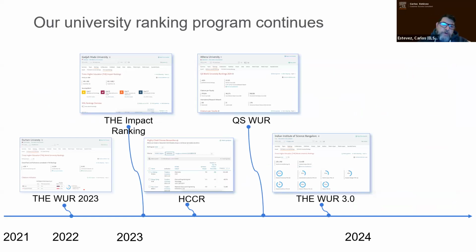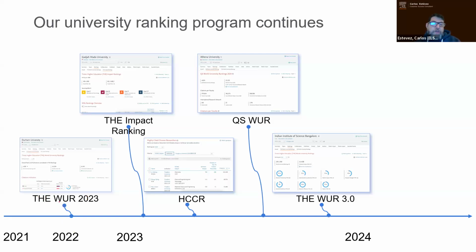Also, as you know, SciVal is the source for some of the global rankings. This is a timeline of how the different rankings relate to when they started working with the information that we provide in our databases.